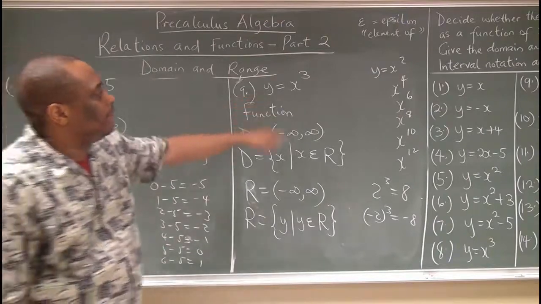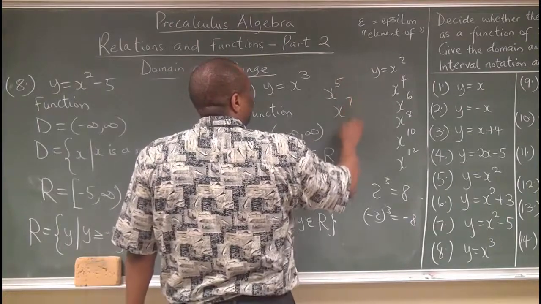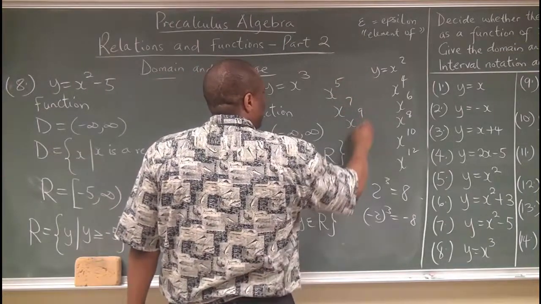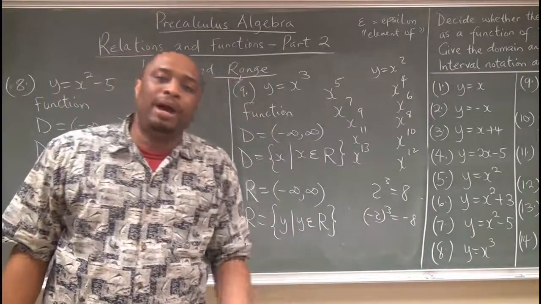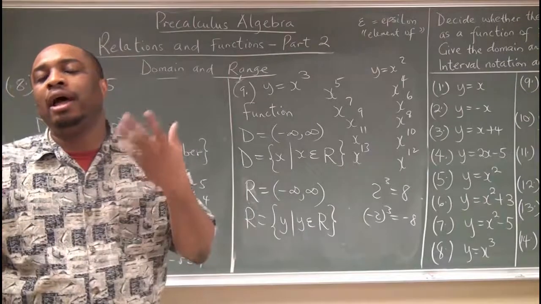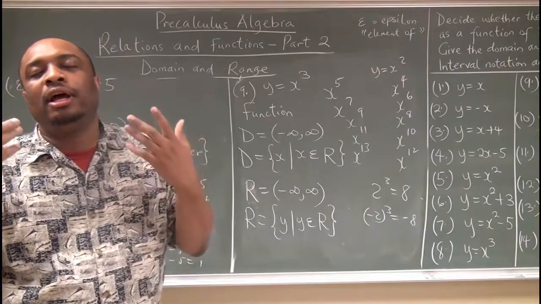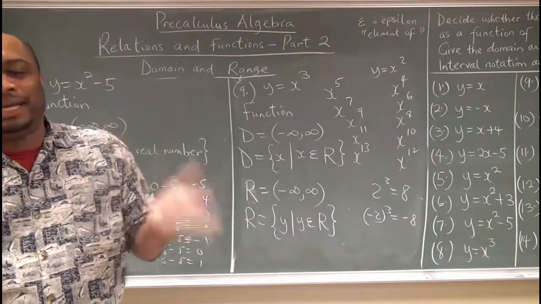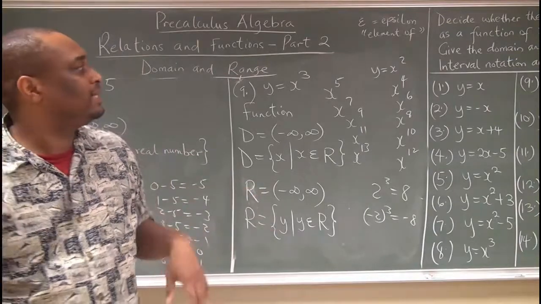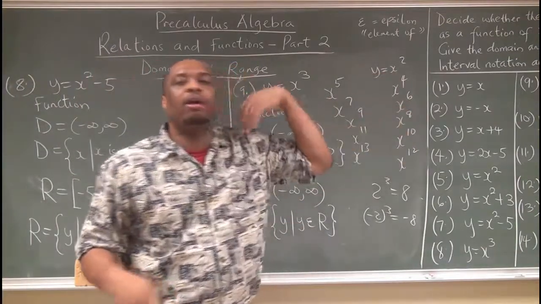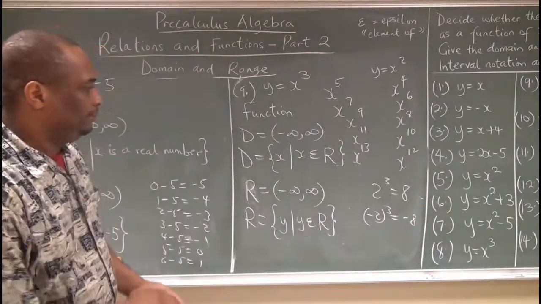And this cubic function will apply to x^5, x^7, x^9, x^11, x^13, all higher odd powers of x, all higher odd exponents of x. While x squared would apply to all higher even exponents of x. Okay?